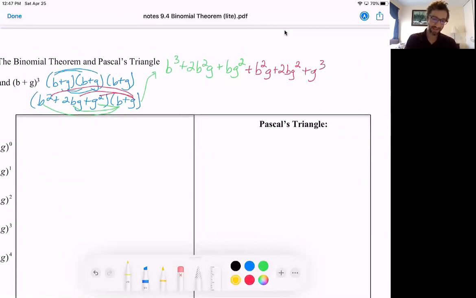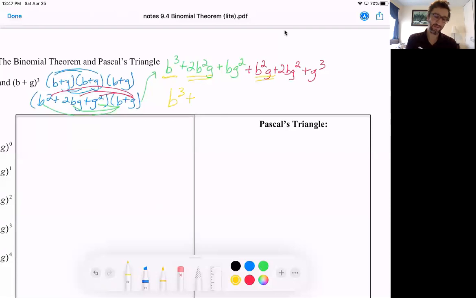And then we add like terms. So there's only one b cubed term, so we're just going to have a b cubed. There are two terms with b squared g. So there's a 2b squared g and a 1b squared g. So how many b squared g is that?